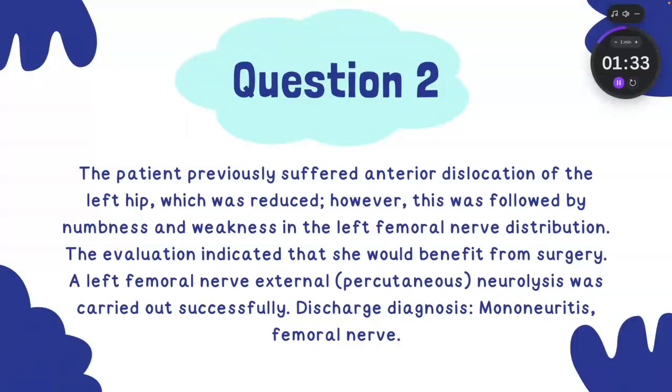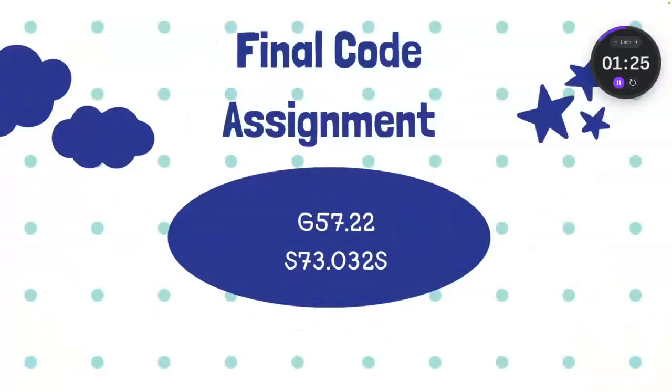So there is a way to say that this is a late effect of something. In this particular case, it would be with the seventh character of S. So your mononeuritis would be coded first, followed by that code S73032S for the late effect. Questions on this one?